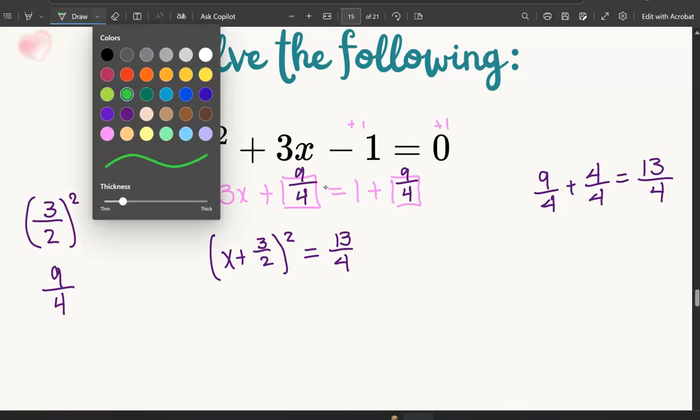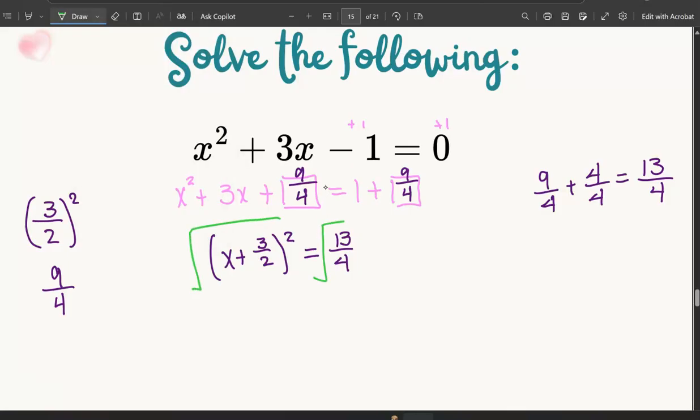And when I square root both sides, I get x plus 3 over 2 is equal to plus or minus the square root of 13 over the square root of 4. You can split that up into the square root of 13 divided by the square root of 4. And the square root of 4 is 2.